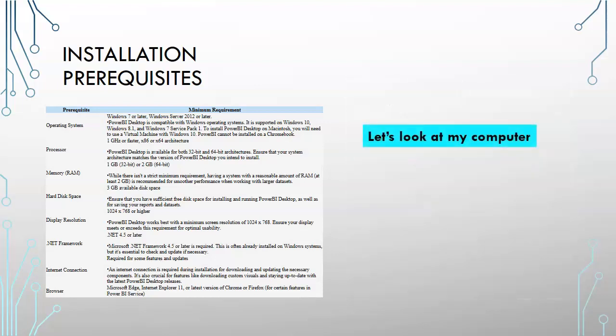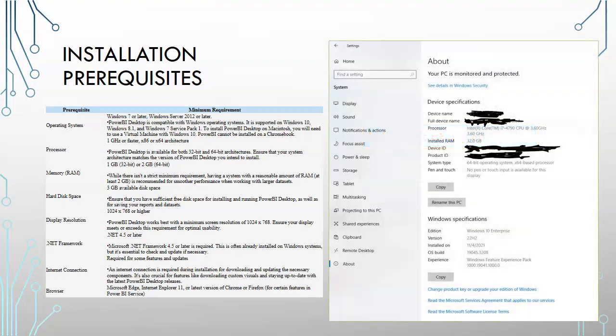So now let's take a look at what my computer looks like. Here is the settings pane from my computer. We're seeing I have here a 3.6 gigahertz i7 CPU. I'm running this on a Dell Optiplex with 32 gigabytes of RAM. I do have a 64-bit operating system because my processor is x64 based.